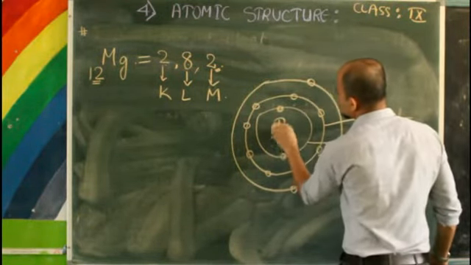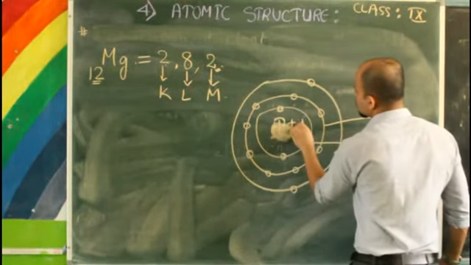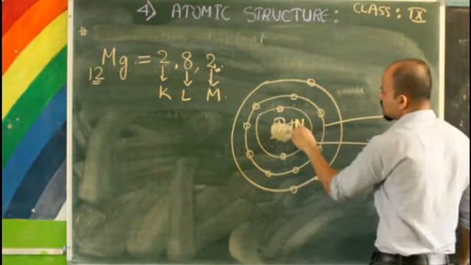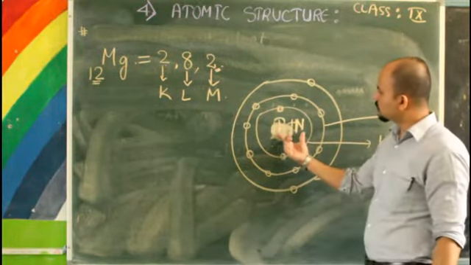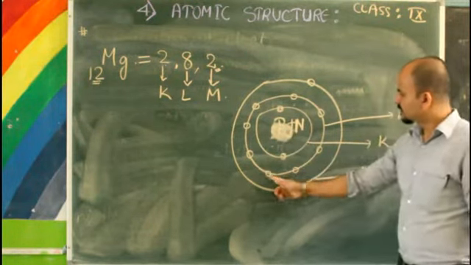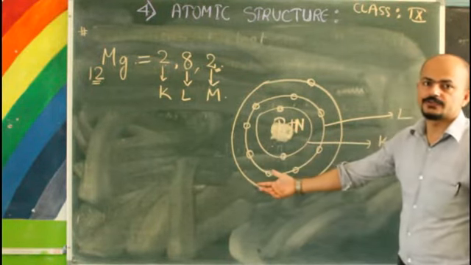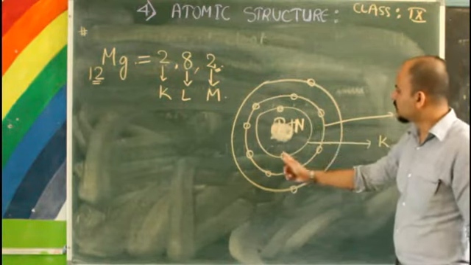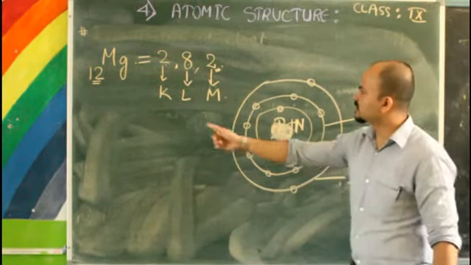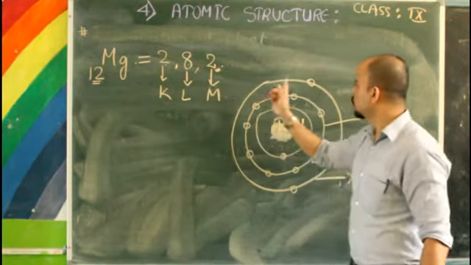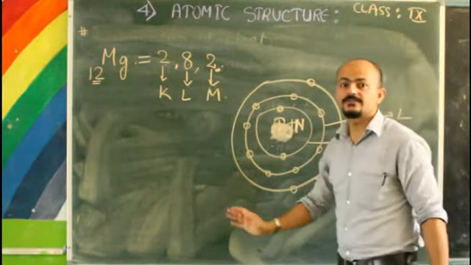You have protons plus neutrons at the center, as we discussed in our previous class. These small circles are electrons, and they are present in the orbitals respectively. In the K cell 2 electrons, in the L cell 8 electrons, and in the M cell 2 electrons. This is how you draw the structure of an atom.